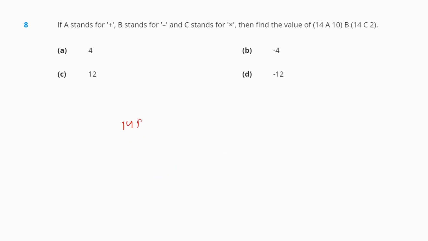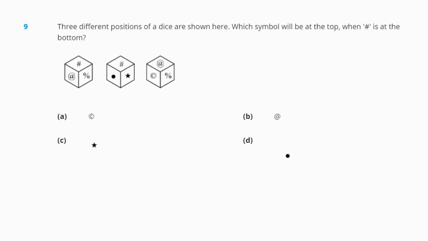It is 14A10B14C2. A represents plus, B represents minus, C represents multiplication. This is 24 minus 28. We get minus 4. So answer B is the correct answer. Moving on to the next question.